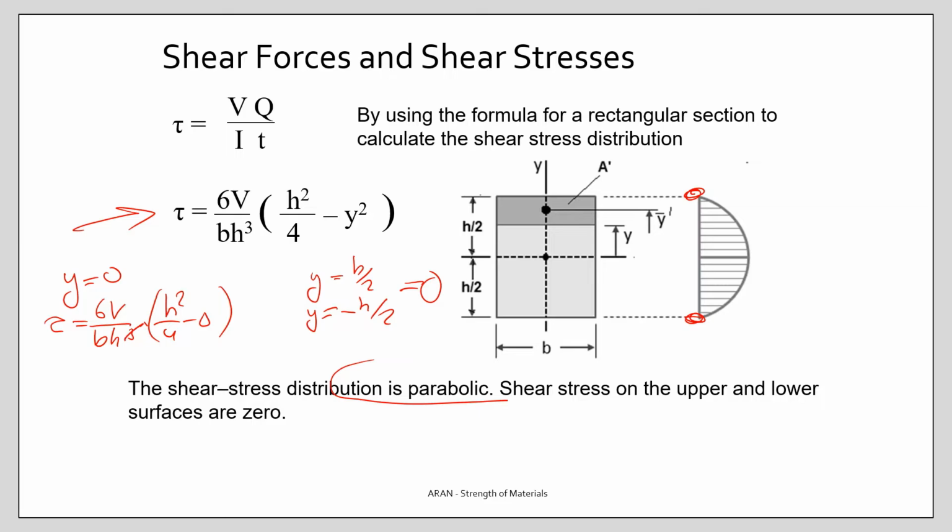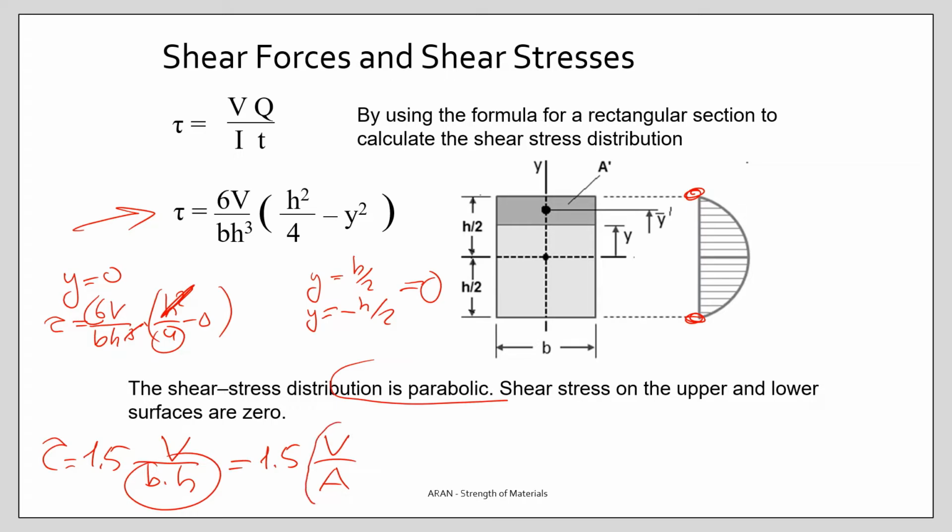So at the end you will have 6 over 4, that is 1.5, V over b times h. We know b h is the area of the whole section, and we have discussed that if you take the shear force and divide it by the area, you find the average shear stress.